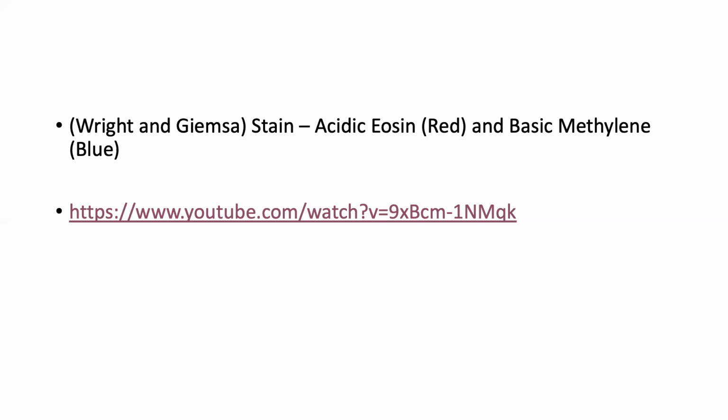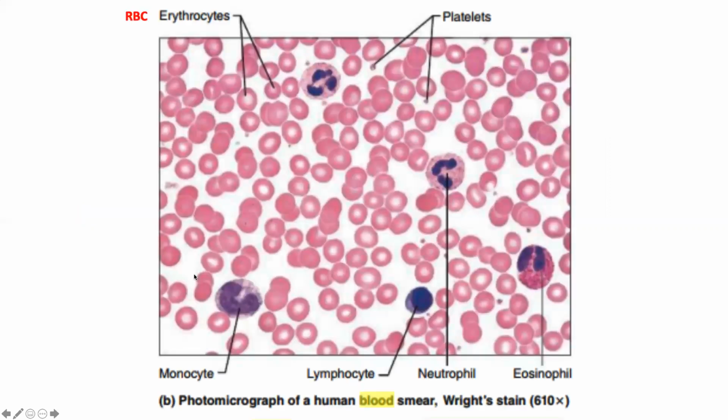And finally, once you have the blood film and put it on the microscope, you will see something like this. You will see multiples of red circular cells, which might be uncountable because there are so many. In between them, you will see a few blue, purple colored cells.